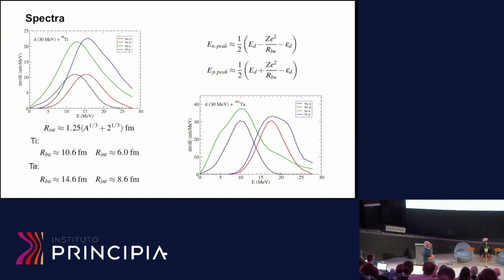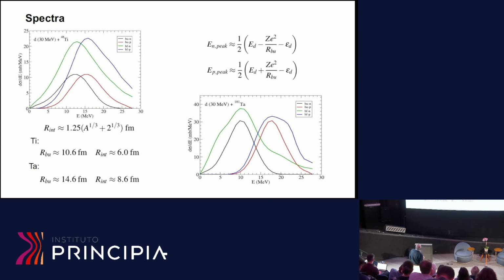But that also gives you a means of trying to estimate the typical breakup radius. If you take the peak and assume that the peak here is the typical radius for breakup, then you can calculate from the difference between the two energies the breakup radius. If you do that for the titanium, we find a breakup radius of about 10.6 femtometers, whereas the interaction radius is about 6 femtometers.